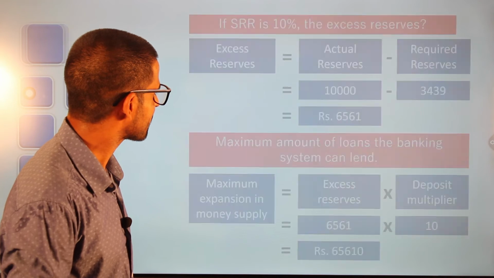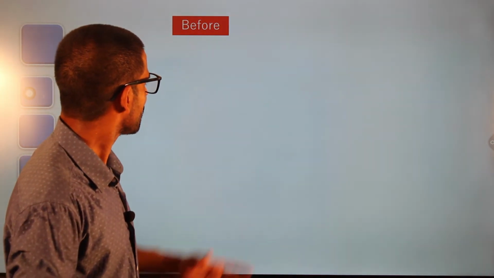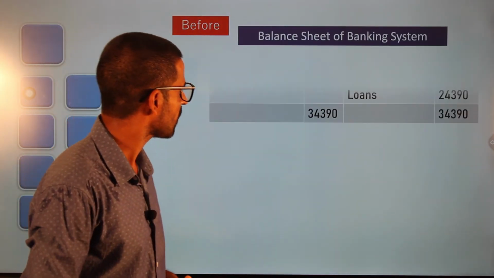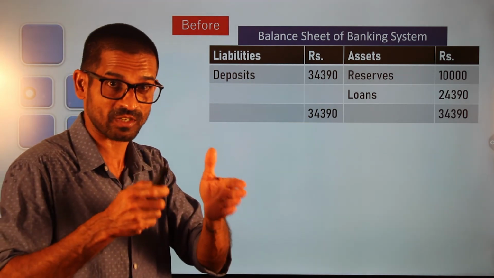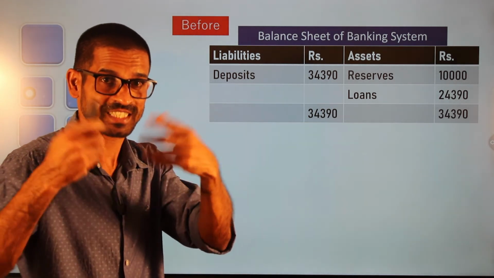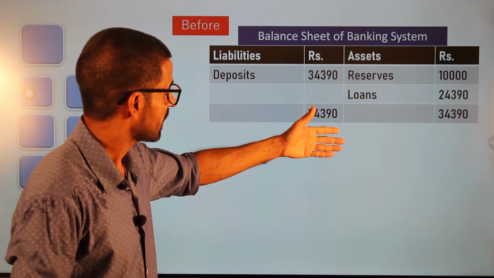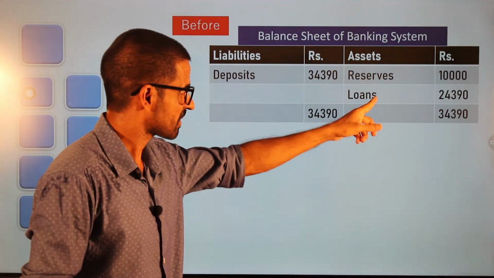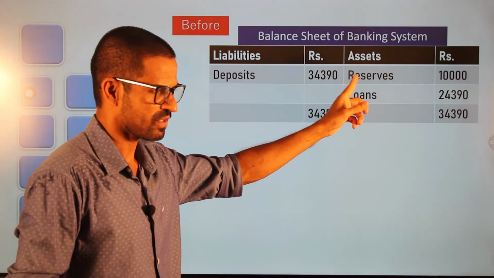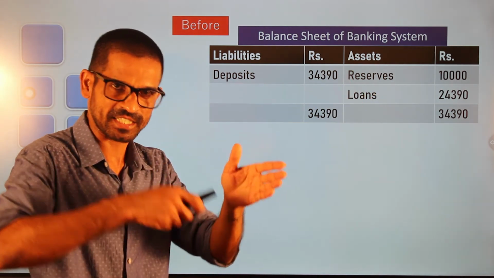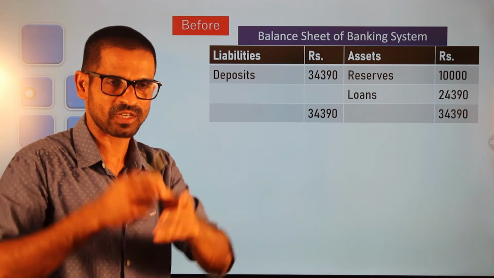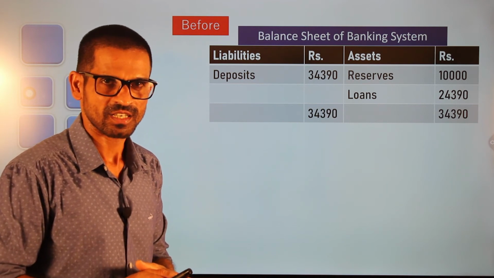Okay, so let's identify the final picture now. This was the situation before that 65,610 of money creation, right? This was the situation. Excess reserve here is 6,561, that into the multiplier, 65,610, okay.